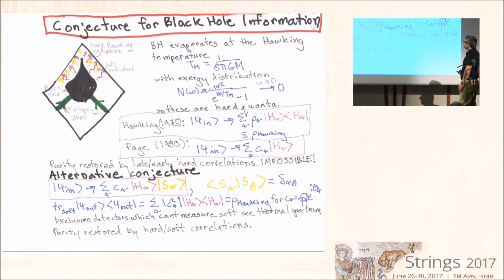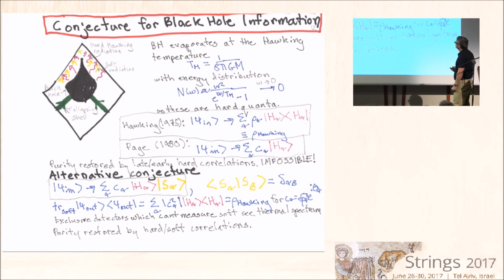And moreover, he said that purity should be restored by correlations in this picture between the late time hard quanta and the early time hard quanta, with the deviation from thermality beginning halfway through the evaporation process at the Page time.